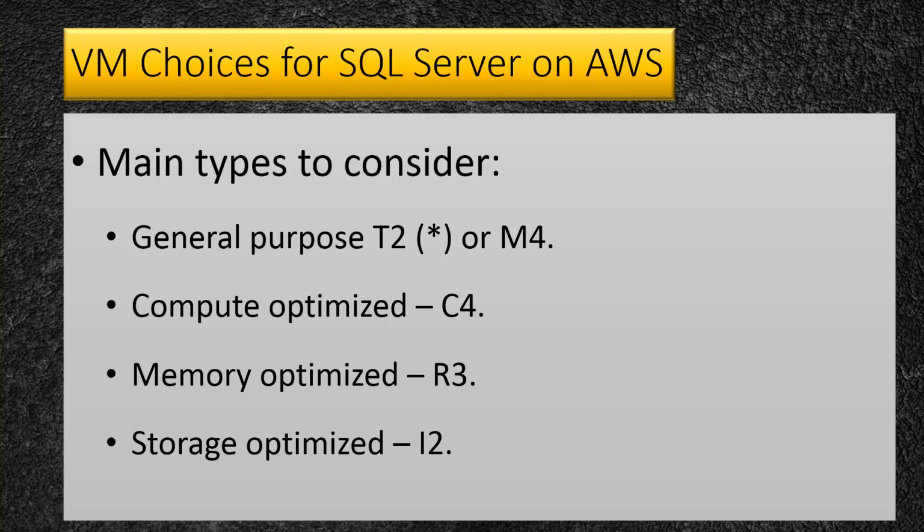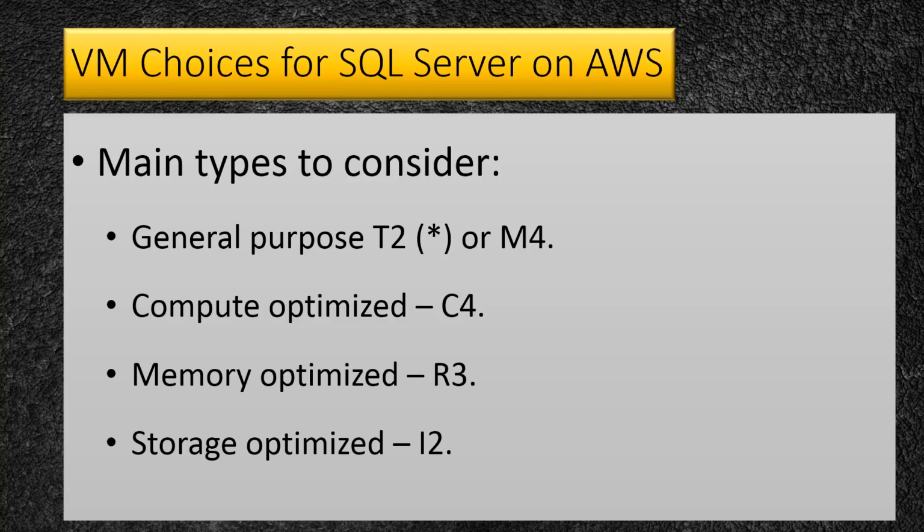Then we have what they call compute optimized, that's the C4. Compute optimized usually have CPUs with a higher clock speed than the regular general purpose or the M4s. Then we have memory optimized, which for high performance SQL Servers are some of my favorite ones. These are called R3 models.